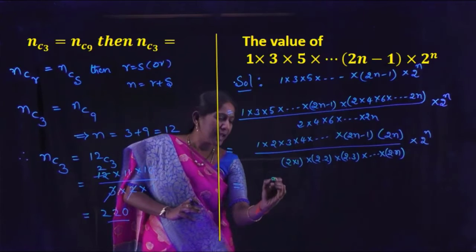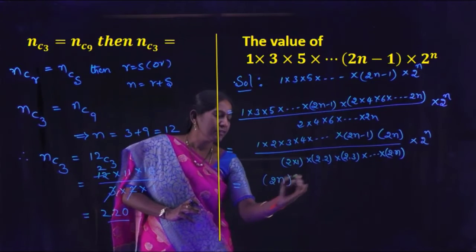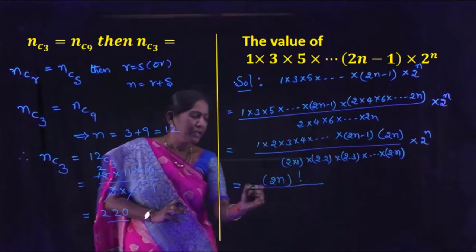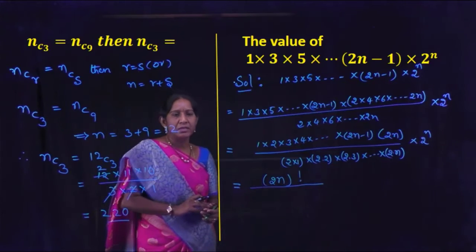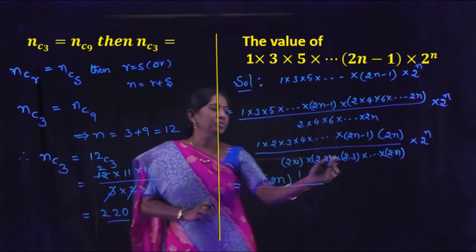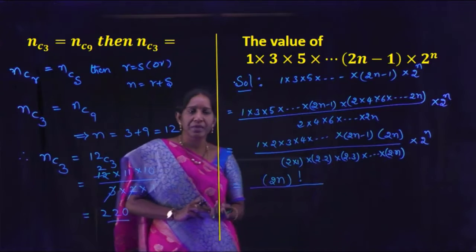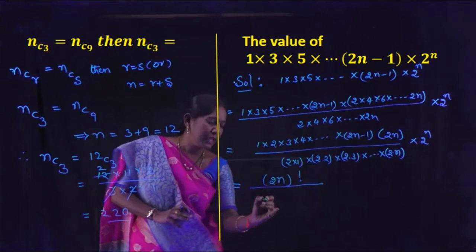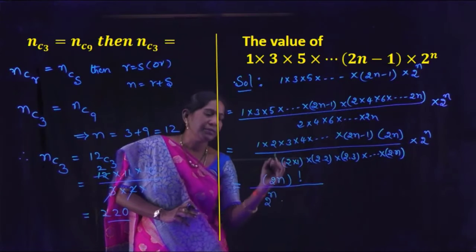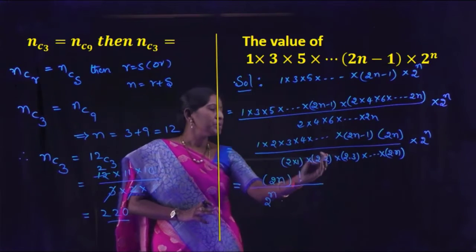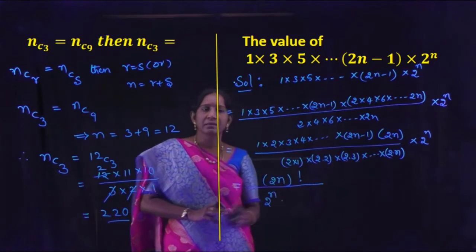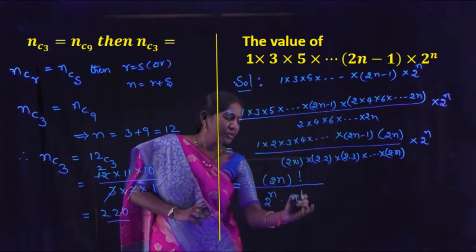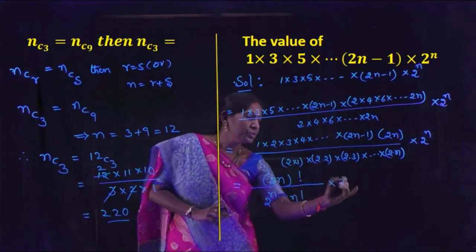The numerator can be written as 2n factorial. In the denominator part, 2 into 1, 2 into 2, 2 into 3 and so on, 2 into n. That means 2 is there n times, so that is 2 to the power n into 1 into 2 into 3 and so on up to n, that is n factorial into 2 to the power n.